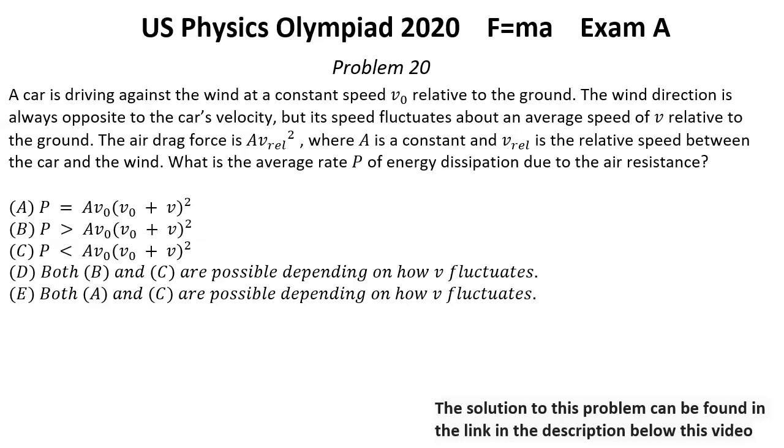The air drag force is A V_relative squared, where A is constant and V_relative is the relative speed between the car and the wind. What is the average rate P of energy dissipation due to the air resistance?